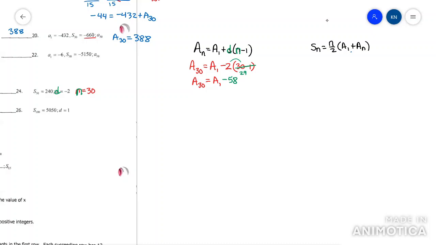We'll call this blue box. Basically, you want to get in terms of A30 so that you could substitute this right here in for A30. I'll show you why it's so important. Your second equation, you know S of 30 is 240. My N was 30.